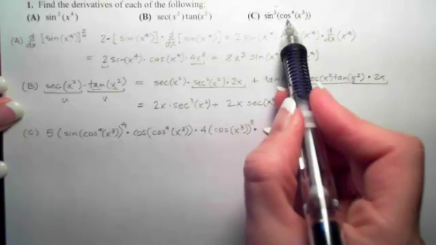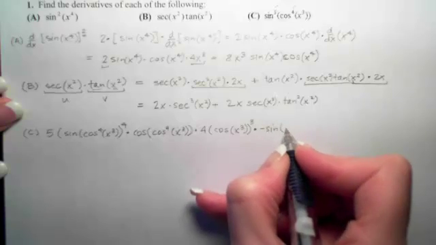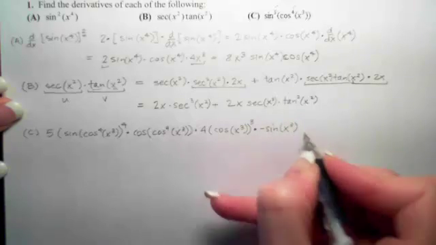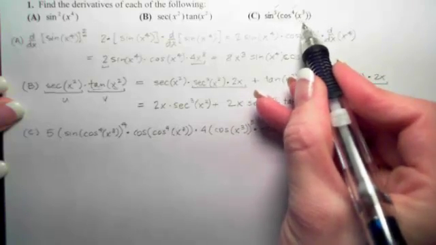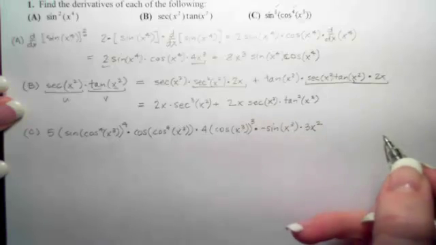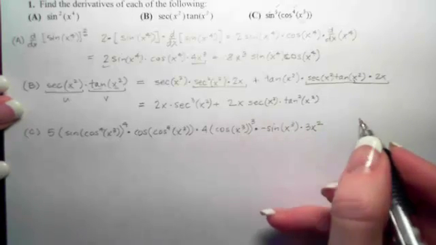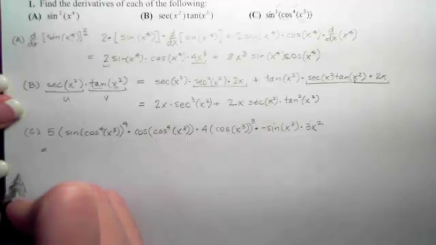The next thing I hit is the cosine. So the derivative of a cosine is a negative sine of its inside unchanged. The final thing that I hit is this last interior function. So the derivative of that is a 3x squared. Again, you can simplify. It's kind of messy. We can pull all of our coefficients and our x's together.